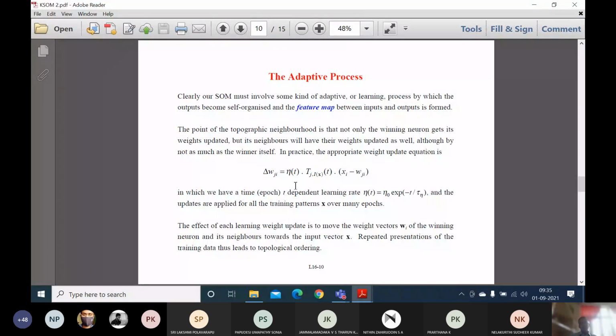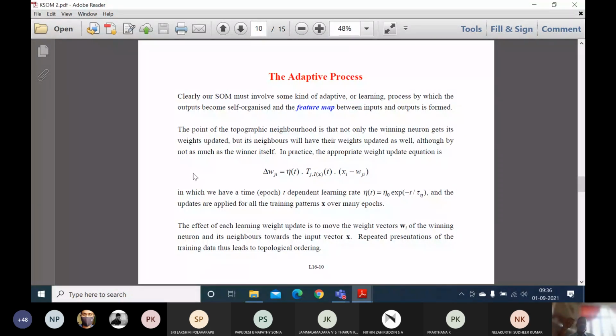So the point of the topographic neighborhood is that not only the winning neuron gets its weights updated, but also the 8 neighborhood or 4 neighborhood or 16 neighborhood, or 32 neighborhood, whatever the case may be; the neighborhood neurons' weights also will be updated. That is the adaptive process. The weight update is not for the winning neuron alone.